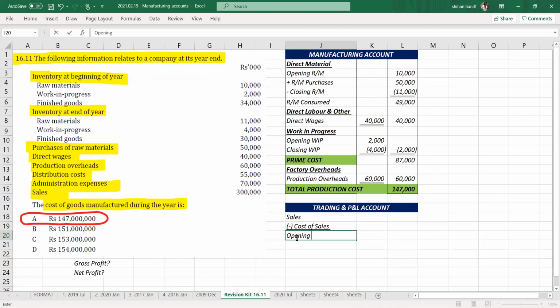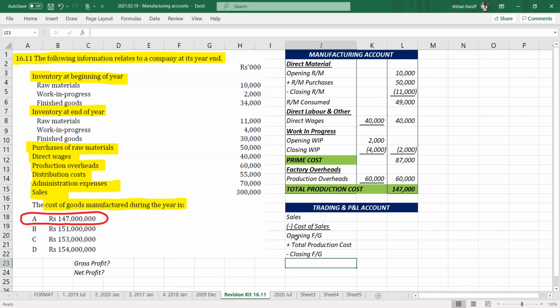opening finished goods. Then we add total production cost, and we deduct closing finished goods.